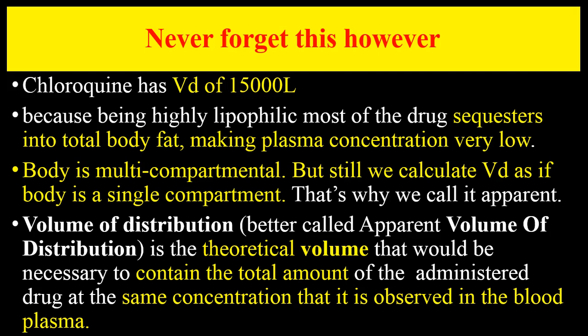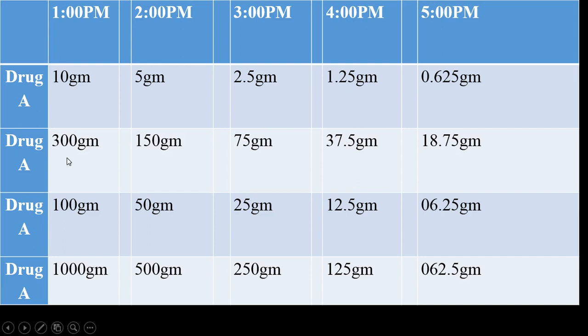I hope. Okay, now another concept, and this concept is that of elimination. Look, this is drug A at 1 p.m., 2 p.m., 3 p.m., 4 p.m. and 5 p.m.: 10 gram, 5 gram, 2.5 gram, let's suppose per deciliter, and it's decreasing.